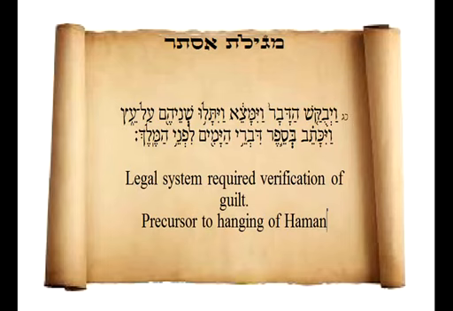The other thing is the verdict itself, the fact that they were going to hang the two of them on a gallows is a precursor to what is going to happen with Haman at the end of our story.